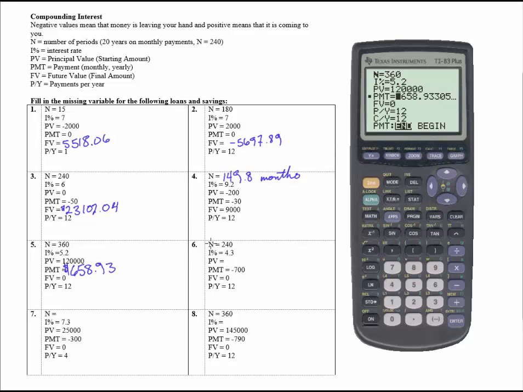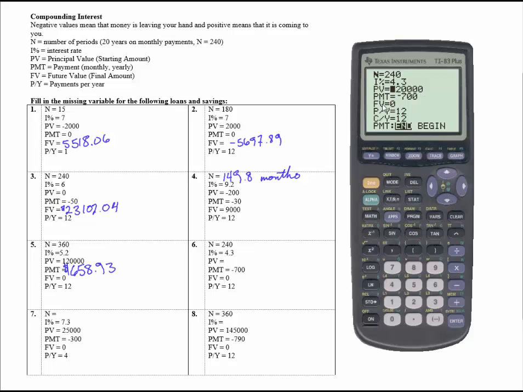Okay, number 6. So N is 240. Stick in 4.3% interest rate. And, ooh, we don't know what it is. The question would be, okay, we can afford $700 a month for our mortgage. How much of a mortgage can we get?